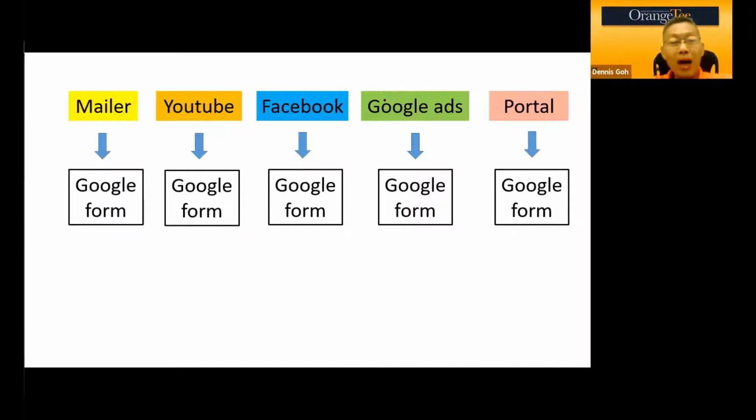Because all this data, I spend a lot of money on my marketing campaign, and every lead that comes in actually costs money. So if I were to lose one or two of them, it would be quite a disaster. Where can I find all my forms? It will be a juggle for me.